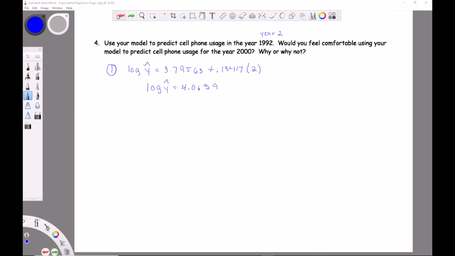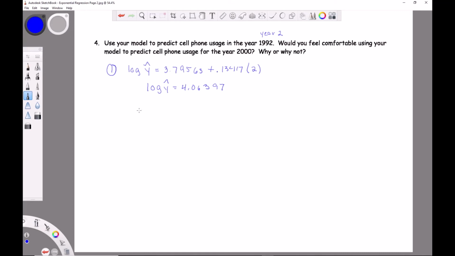All right, let me get rid of that. That doesn't look much like a 7. And that is really not a number of subscribers, because our subscribers were in the thousands. Our smallest number was, I don't know, over 5,000. But this is actually not a subscriber. It is an exponent on base 10, which would then produce the number of subscribers.